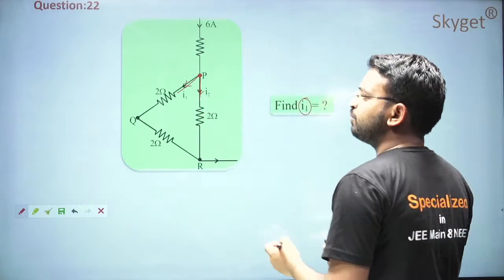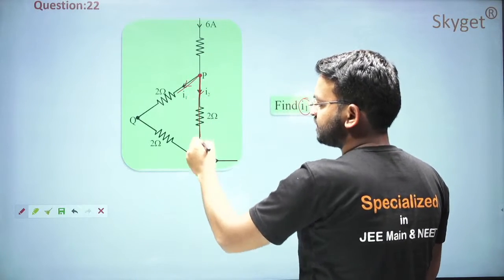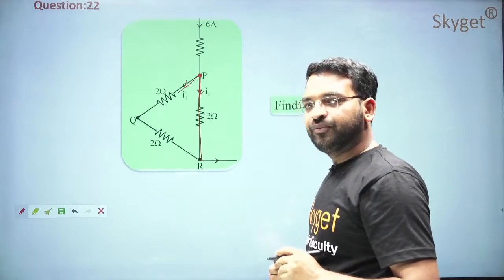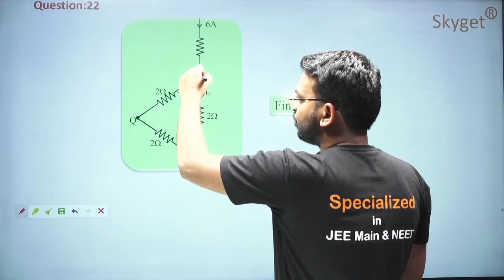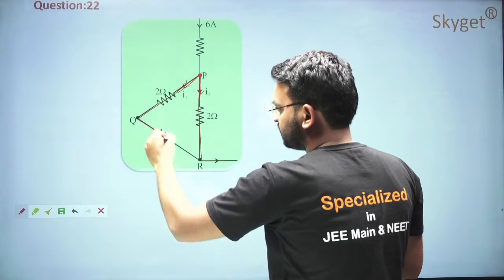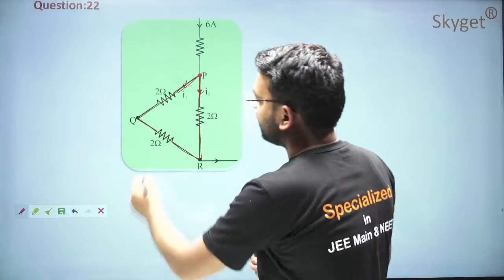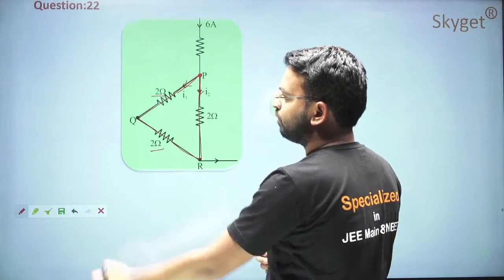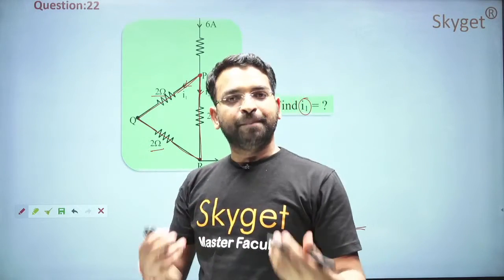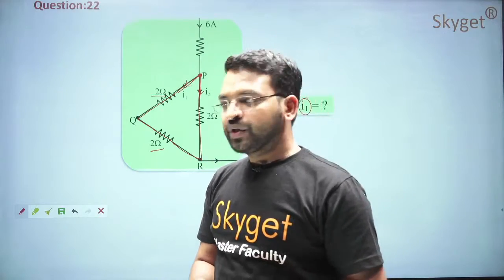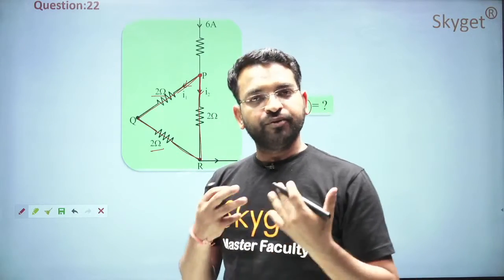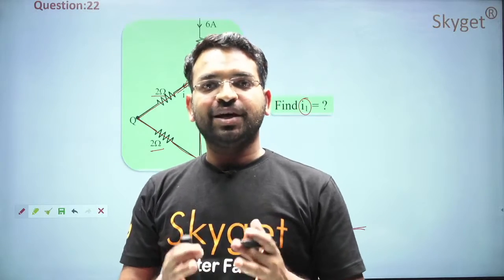Your current I2 is reaching R from this path, and your I1 is coming from this path. If you try to understand very carefully, even though we have this 2 ohm and this 2 ohm, they appear as if they are in parallel, but they are not parallel. Why? Because the current is not getting divided, which means they are in series.